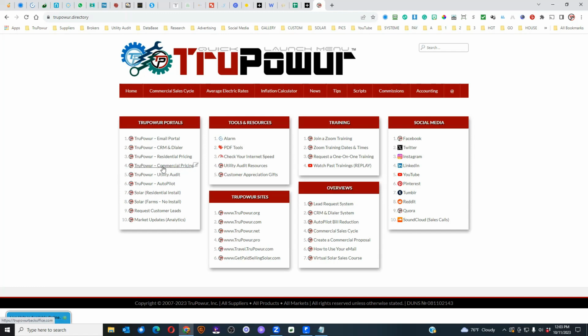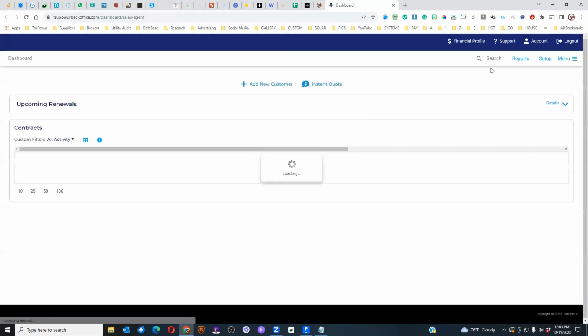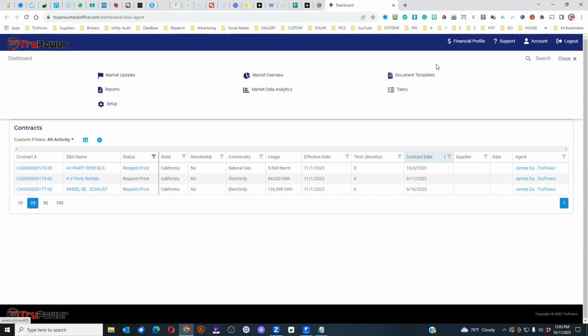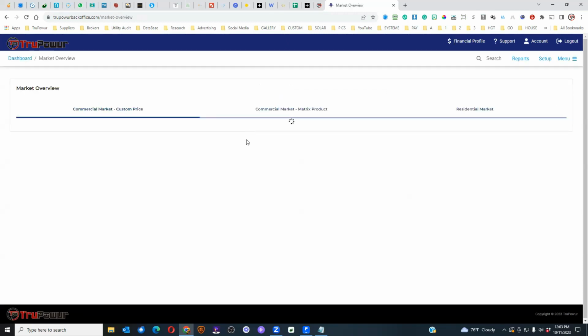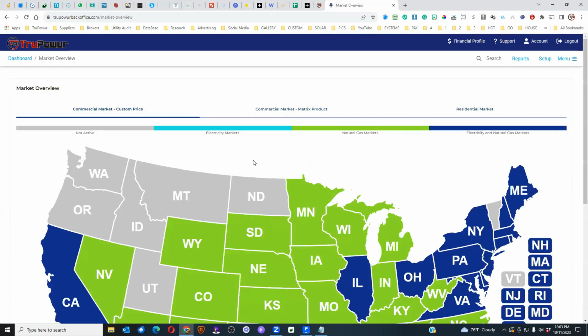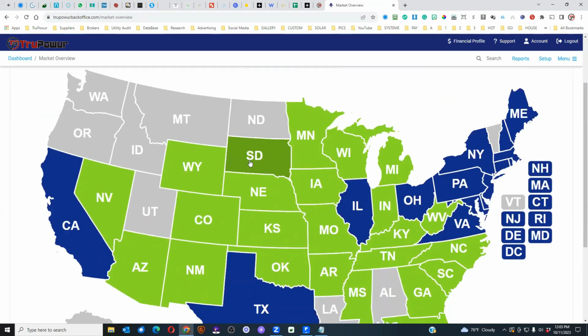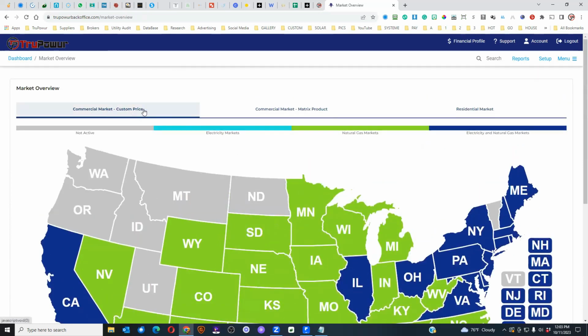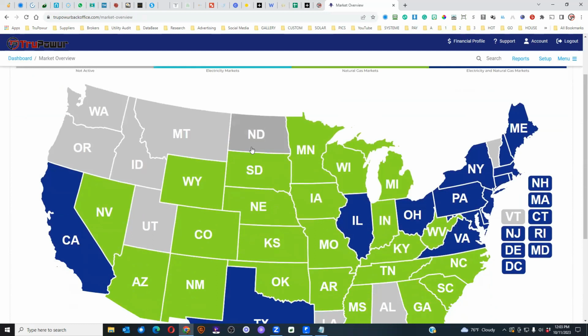If we go into the back of the pricing platform, which is under the commercial link, and from here, under the menu hamburger, if you select Market Overview, it by default will show you a picture of the United States, and this is for commercial custom pricing. That is basically the reverse auction. So anytime we talk about custom pricing, we're talking about the reverse auction.